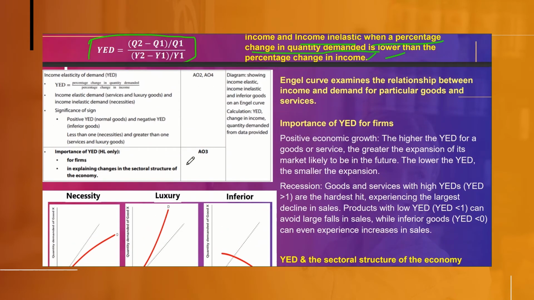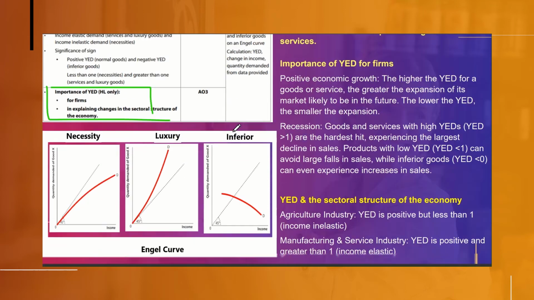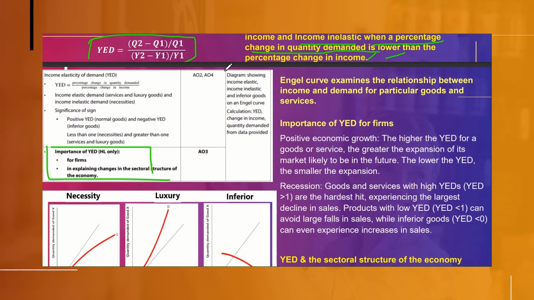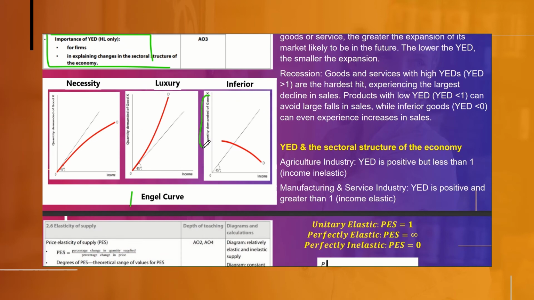And the next part is the importance of YED for firms. Right, and the Engel curve is also important. They have clearly shown income elastic, inelastic and inferior goods on an Engel curve. See, look at quantity demanded of good X and income.